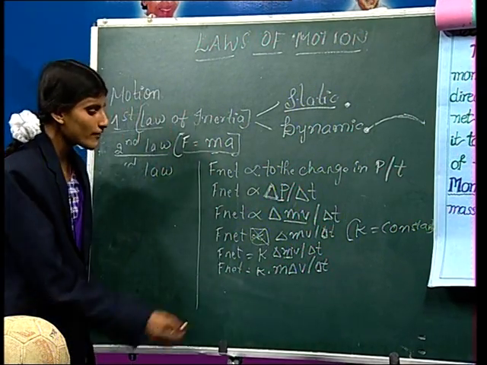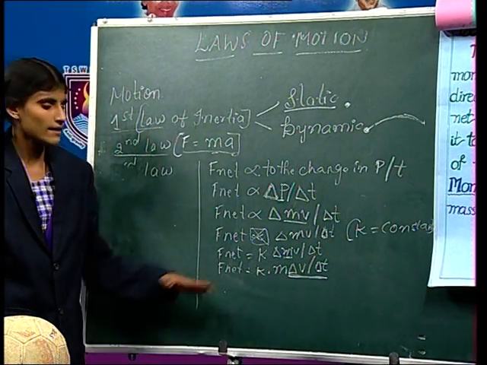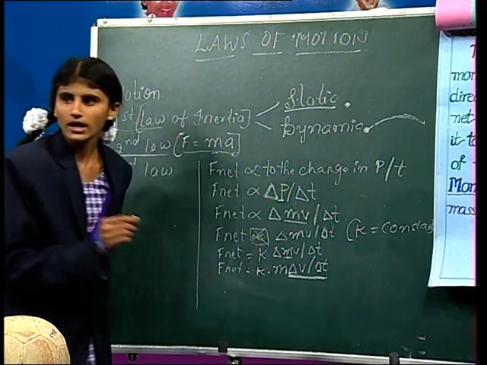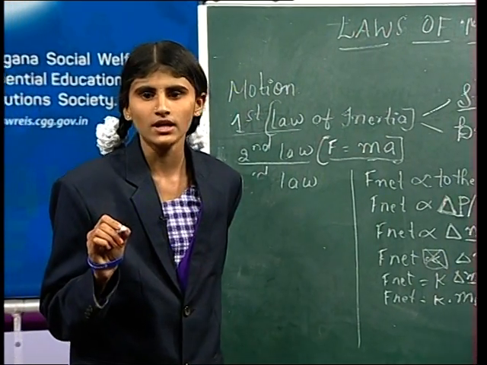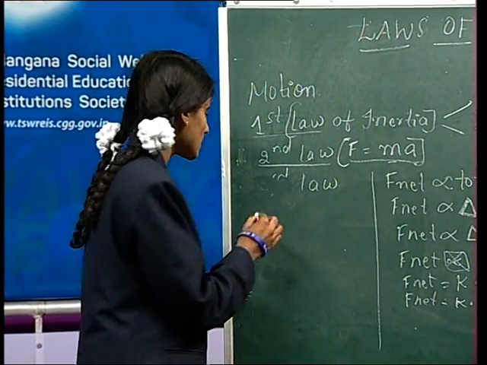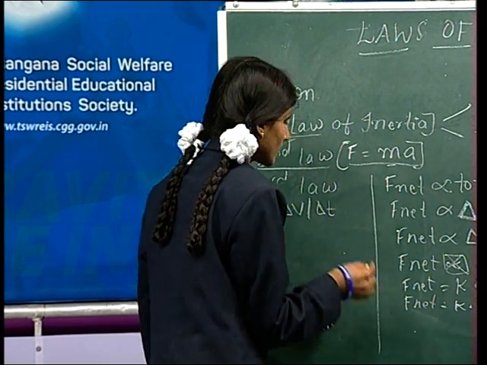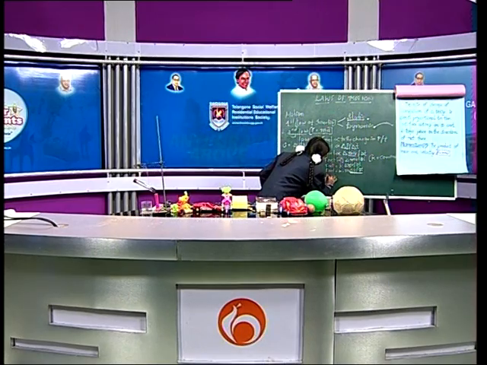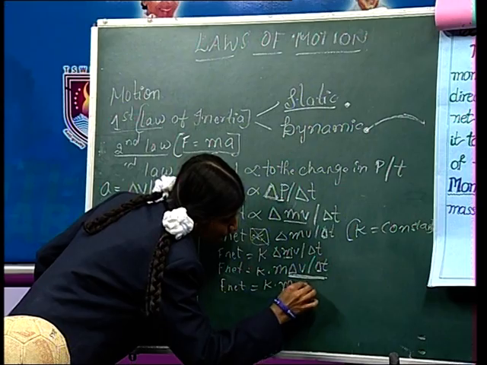To get the formula of acceleration, I am changing this. So, observe this: delta v by delta t equal to a. It means acceleration equal to the rate of change of velocity is called acceleration. We all know, yes or no? A equal to delta v by delta t. So, instead of writing delta v by delta t, I am writing F net equal to k into m into a.